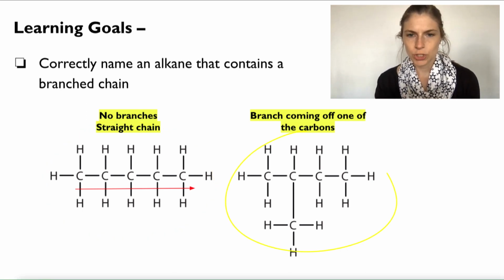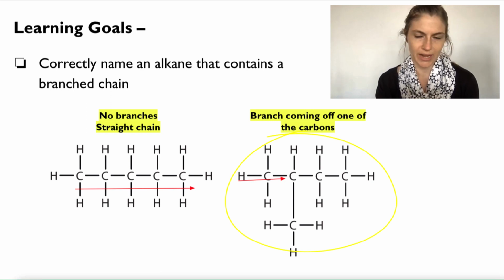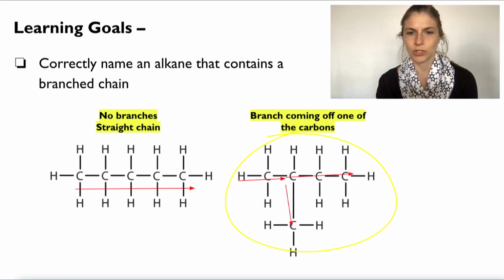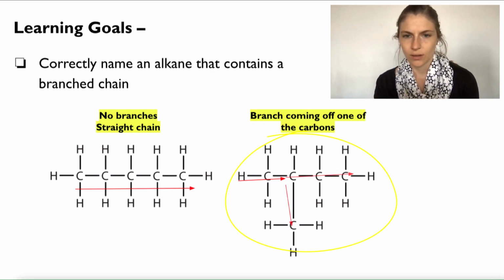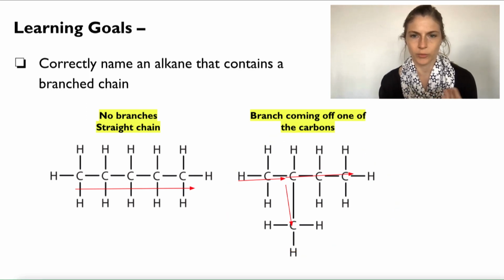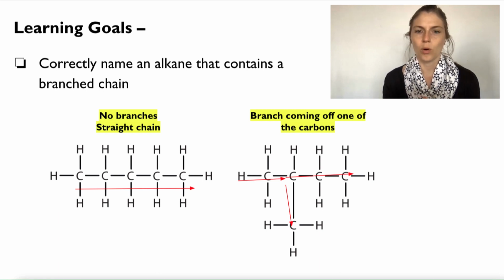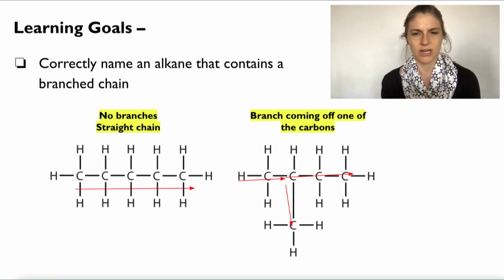On the branched molecule, on the right-hand side, if I start moving down the carbon chain, I get to a situation where I can go two directions. Either direction has me continuing to go from carbon to carbon. This is a branch. I have more than two carbon atoms coming off of another central carbon atom. It creates bigger and more complex molecules that are a little bit harder to name. So that's what we'll be talking about today.